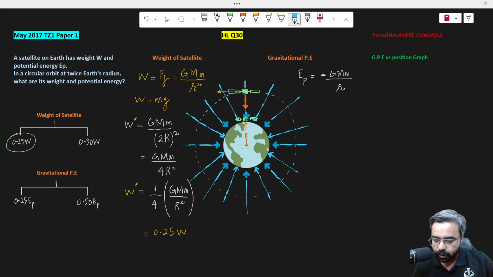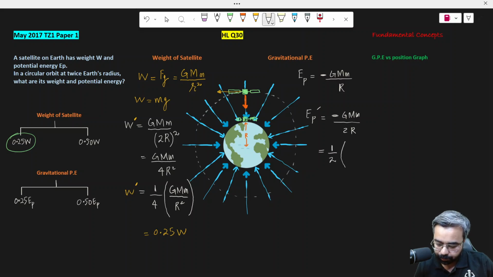So, anyways, I'm going to write here capital R when it was close to the surface of the Earth, and the new potential energy when it will be at that point will be negative GMm over 2R. So you can see that it has become one half of the previous amount of energy, which means that it has become less negative than initially.